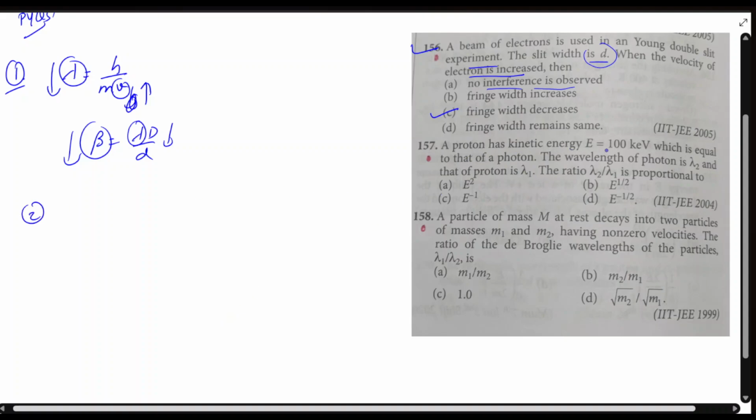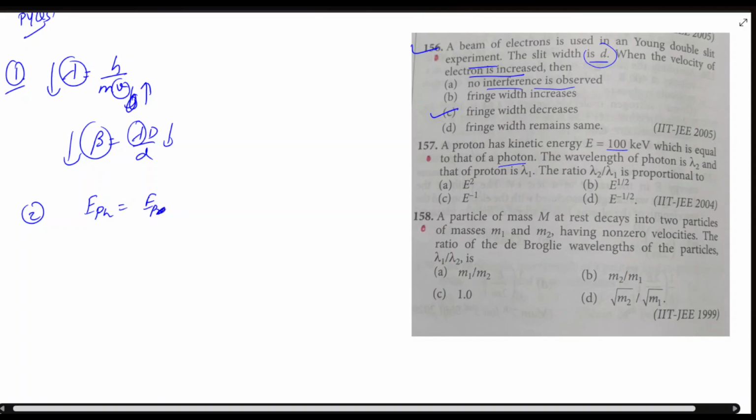So a proton has this energy E, which is equal to that of a photon. So energy of photon is equal to energy of proton. Let's just say it's 100 keV. Okay. The wavelength of photon is lambda 2. So lambda 2 will be hc by E. And they are both equal, so no worries. And the lambda of proton will be h upon mv, right?